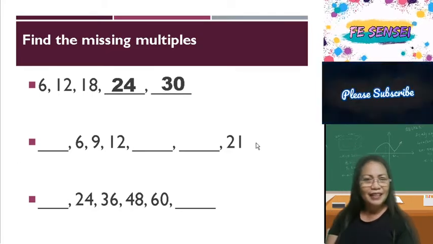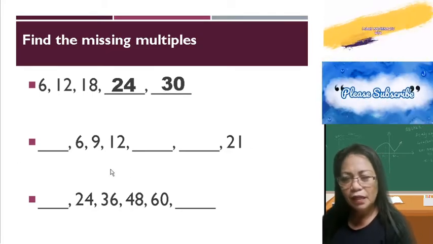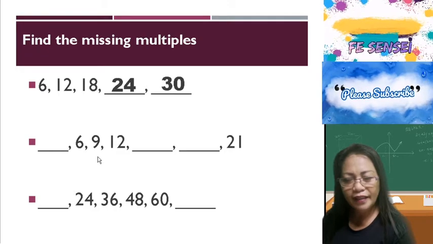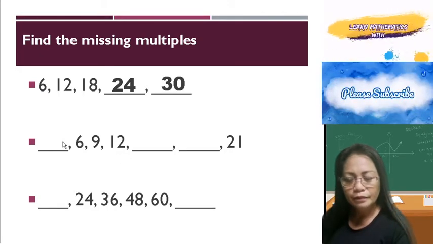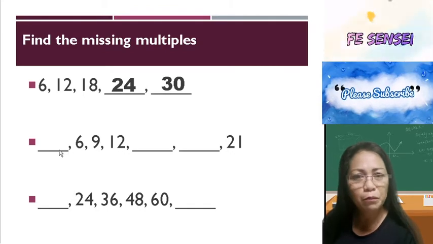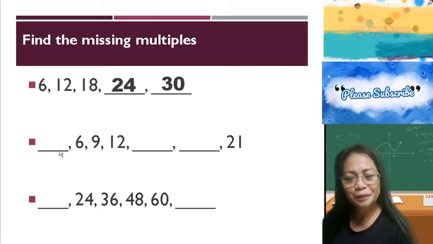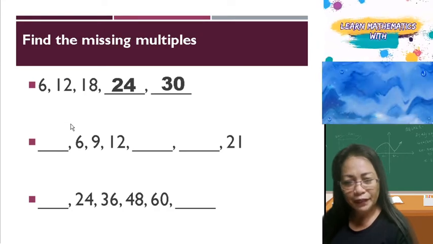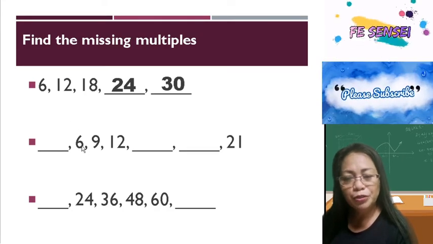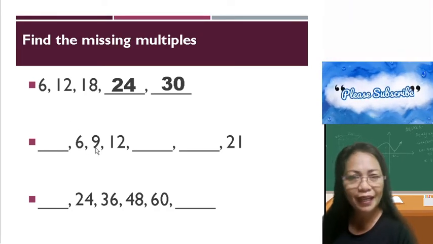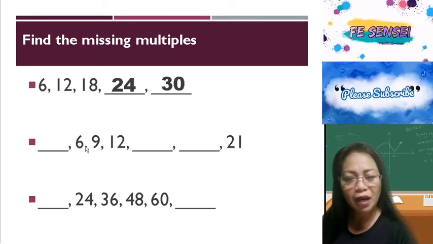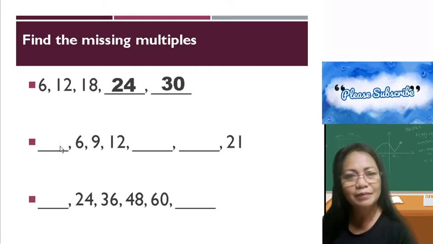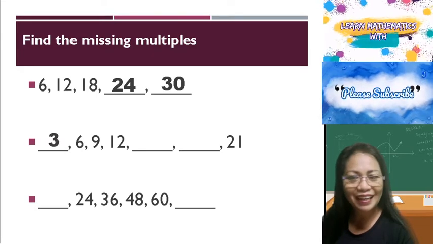How about the second example? 6, 9, 12. How to find the first number? To find the first number, subtract 6 from 9. So 9 minus 6 equals 3.